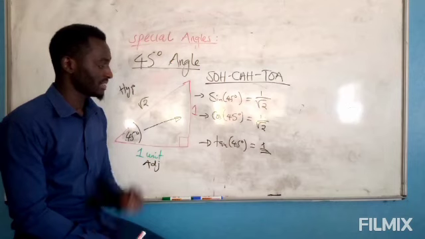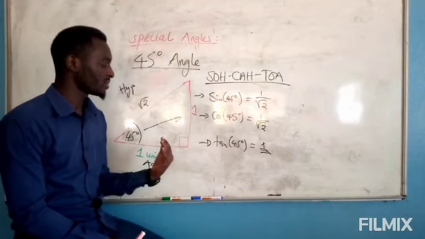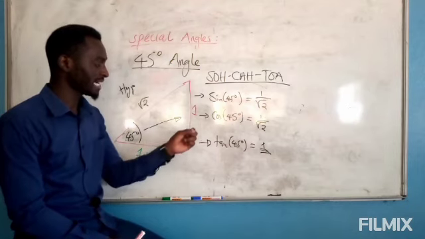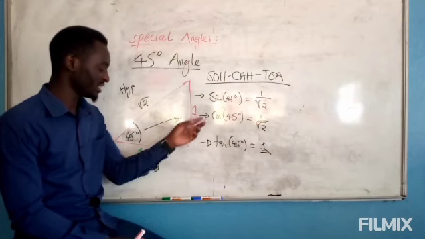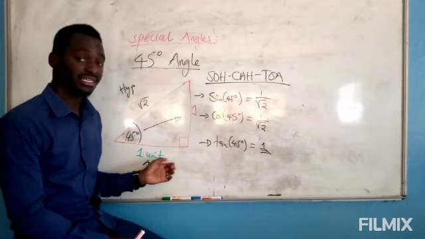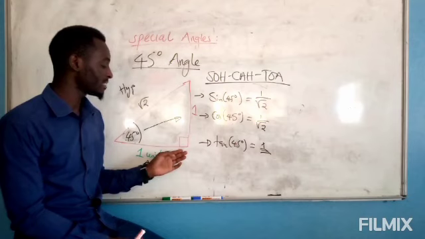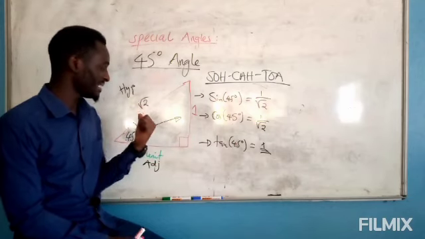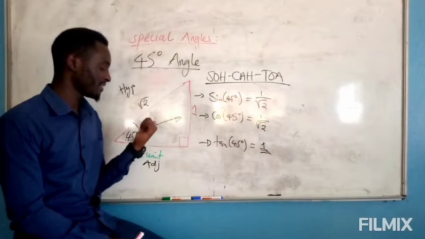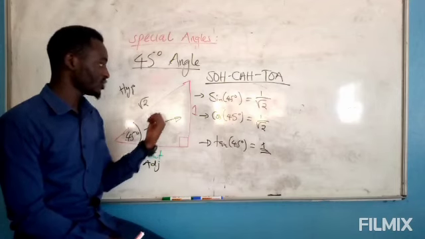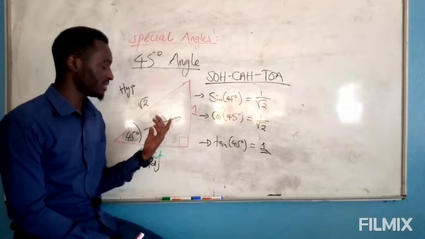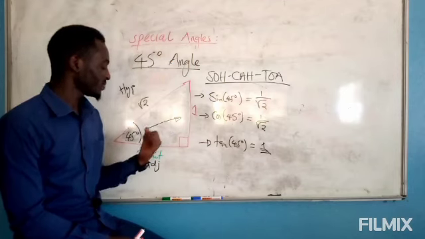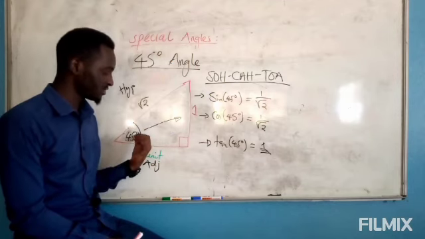Okay, so remember, what you have to do is, you are provided with the two sides. One unit this side and one unit that side. All you have to do is apply the Pythagoras theorem to get the hypotenuse side, which we did, and we got the root of 2. After that, find the two base angles, and we found 45 degrees.